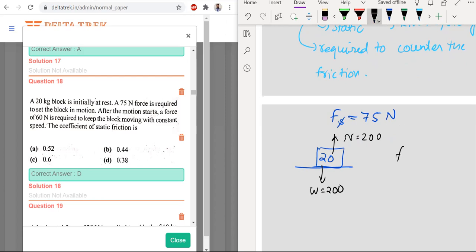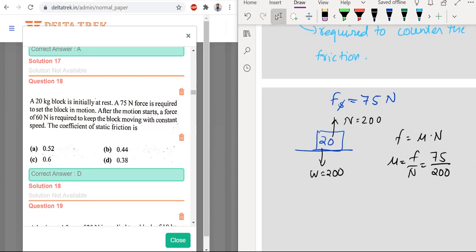So I'll say F is mu into N. So mu will be F by N. So the force is 75 Newton divided by normal reaction. So normal reaction is 200. So if we solve it, we will get the answer near about 0.38.